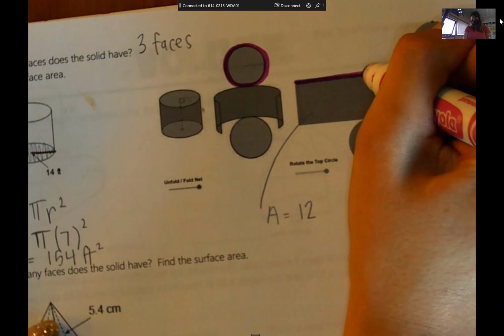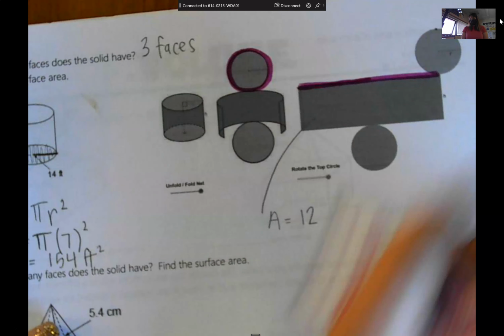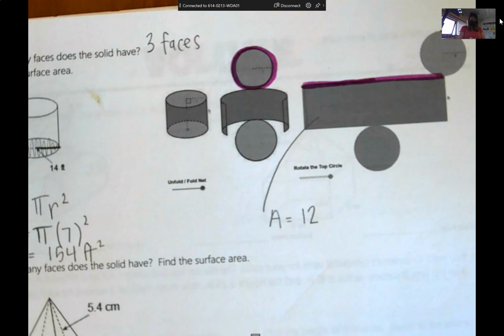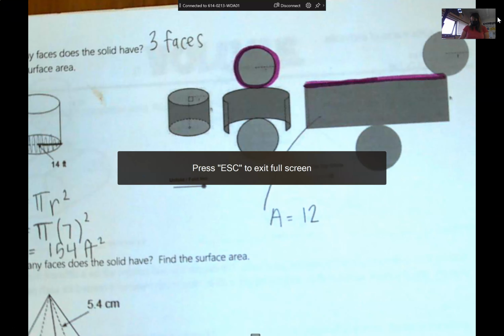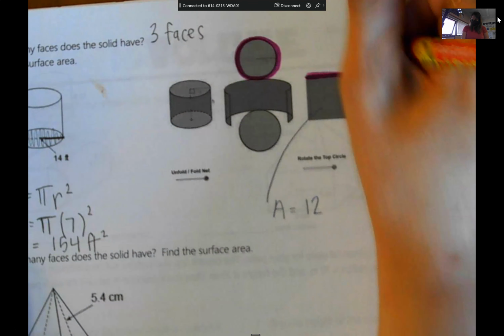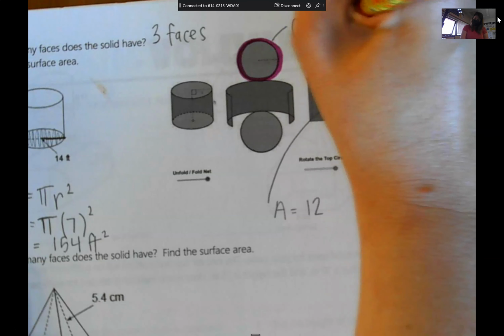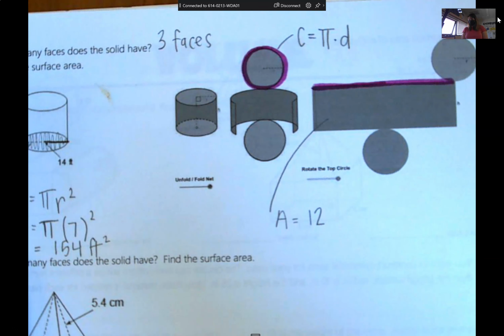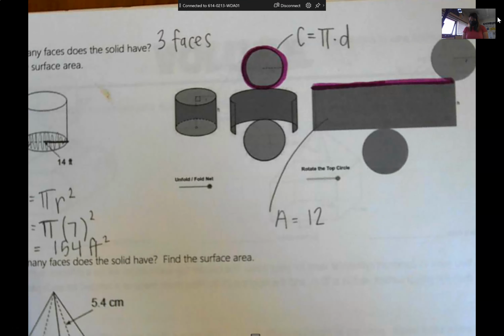Does that make a little bit of sense? Okay, what's the formula for circumference? Pi times... Ivani, how do you know all these things? You just good with shapes? Okay. So Ivani says that this circumference is equal to pi times diameter. And I'm pretty sure she's right.